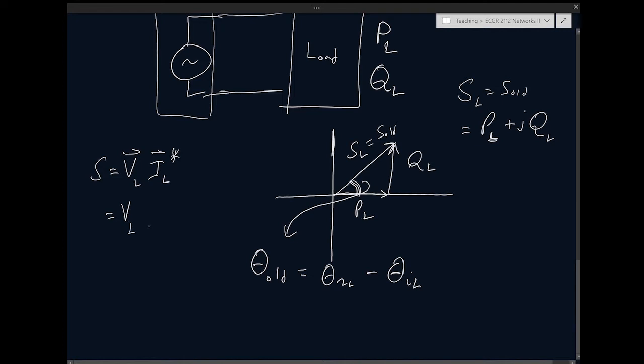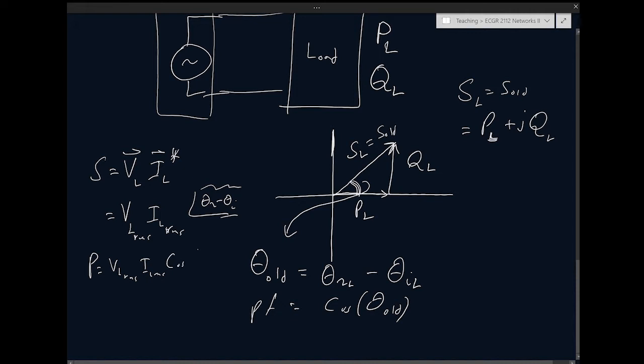This is going to be VL RMS magnitude, assume this is in RMS, and then IL magnitude RMS, and then theta V minus theta I. So the power factor angle is theta V minus theta I. The power factor is the cosine of this angle, the cosine of theta old, because that gives me the real power. The real power is going to be VL RMS IL RMS cosine of the power angle, theta V minus theta I.